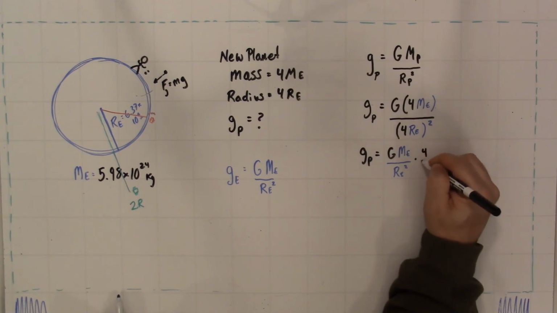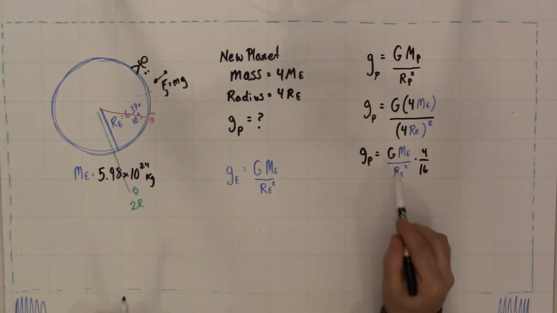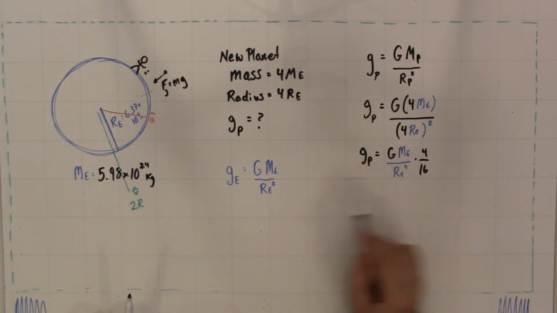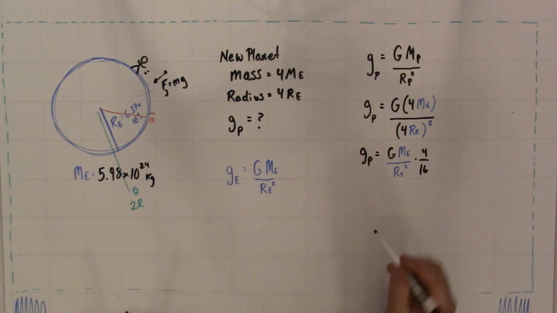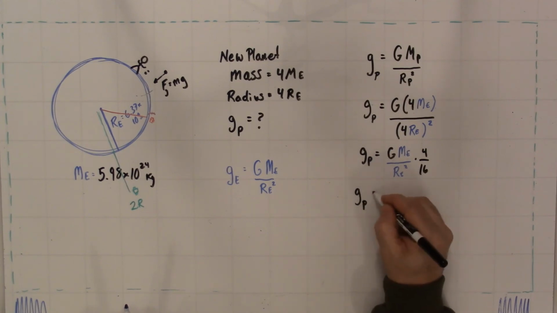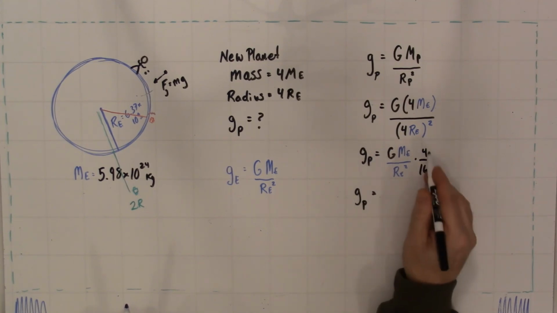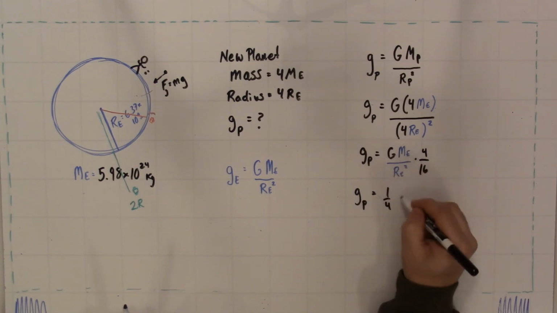Times 4 on top, but what did I do to this 4 on the bottom? I squared it, 16. If you look at this, G M_E over R_E squared, don't we have this here? We totally do. So rewriting this, the gravitational field strength on the planet is equal to 4 over 16, which is 1/4. This whole thing is g on Earth.